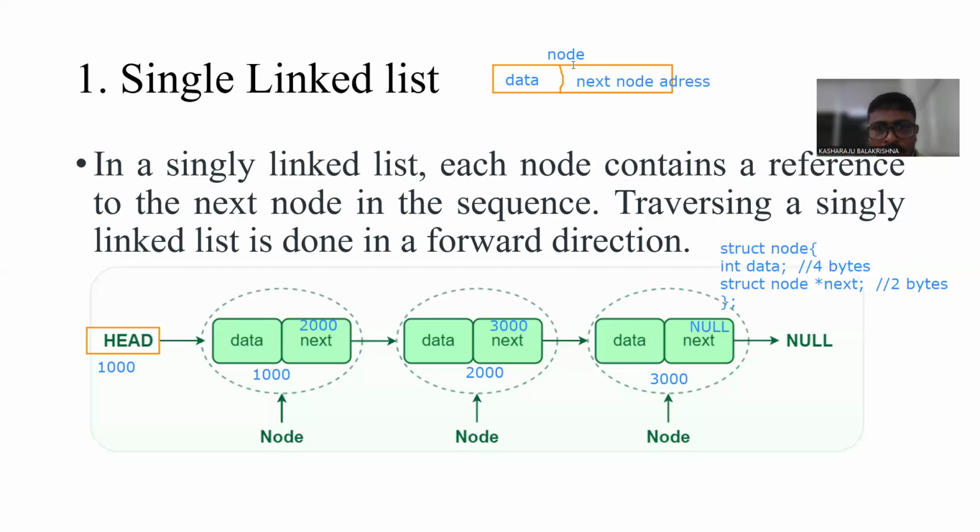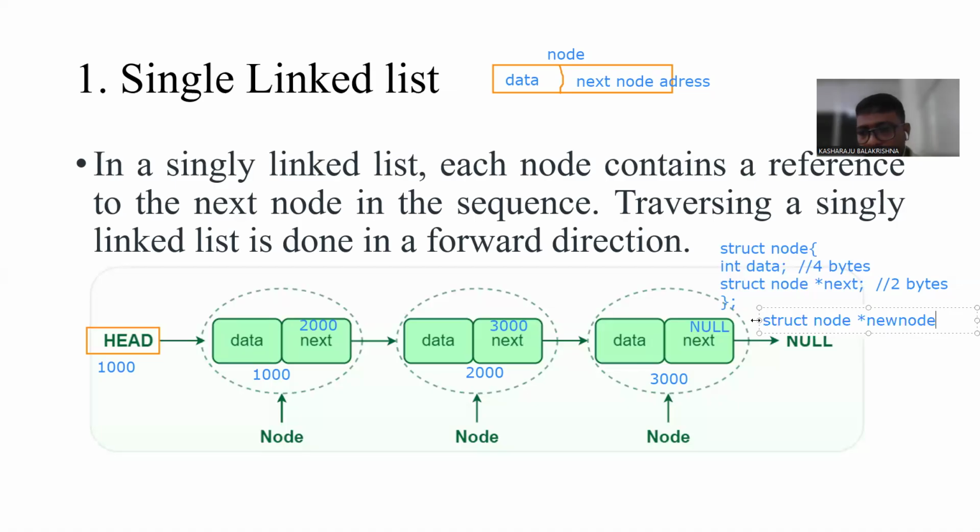How will the memory be allocated for the node? Here the DMA concept is there, dynamic memory allocation. In a similar way, we need to create one pointer reference like struct node star new node.